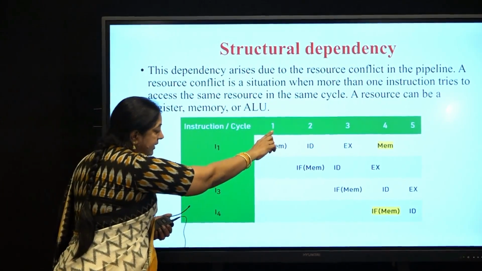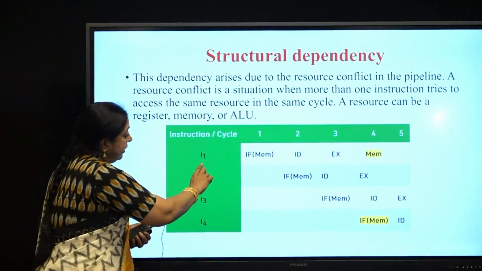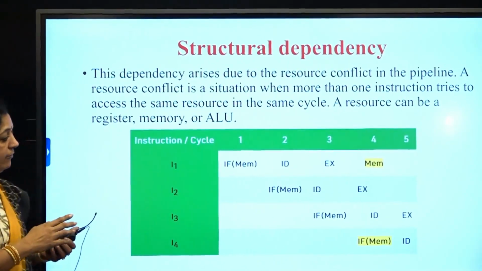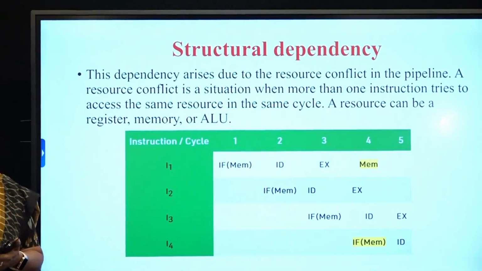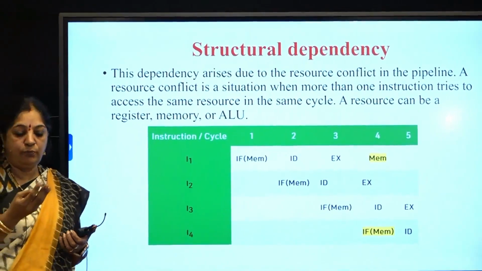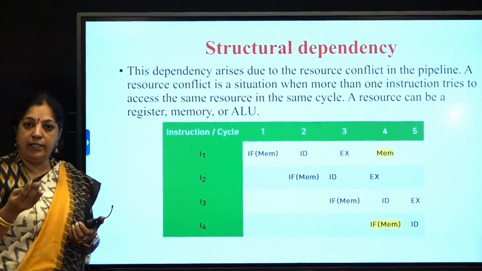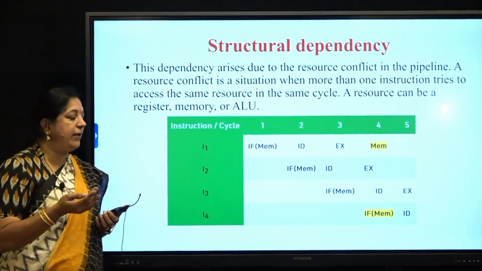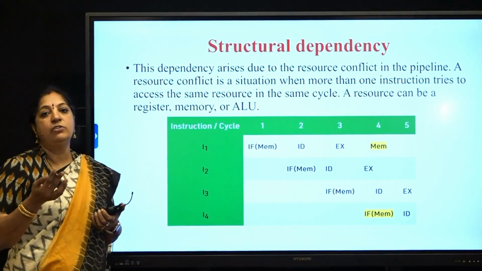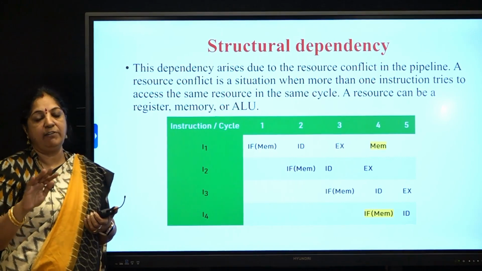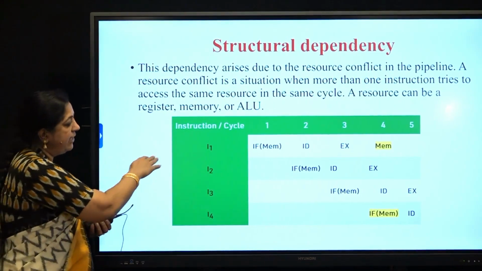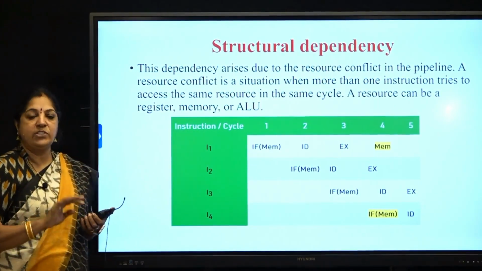We have already seen the various parts of the instruction: fetch the instruction, decode the instruction, fetch the operands, execute and store the output in the memory. These are the various segments we are dividing. In this example we are dividing into 4 segments.